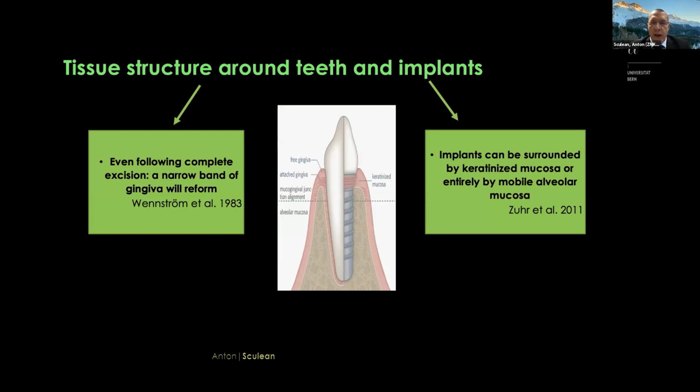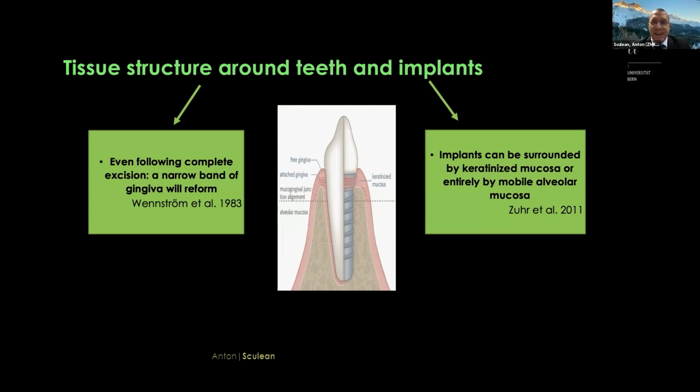And this tissue connects, in fact, the tooth with the so-called bundle bone. The periodontal ligament is a very highly vascularized tissue and has a unique composition also in terms of blood vessels.